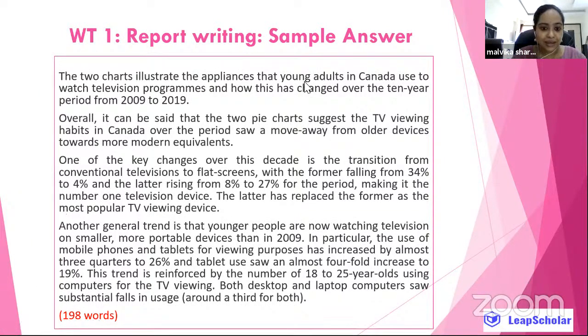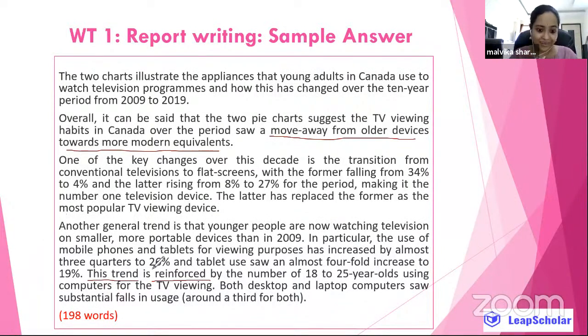Now see, this trend is reinforced. Look at the language, is reinforced by the number of 18 to 25-year-olds using computers for TV viewing. Which trend am I talking of? This trend means that they are moving away from older devices towards more modern equivalents.